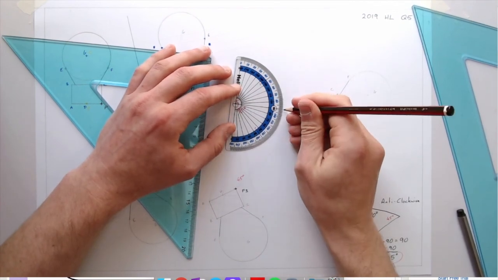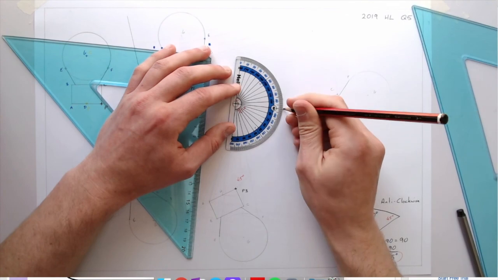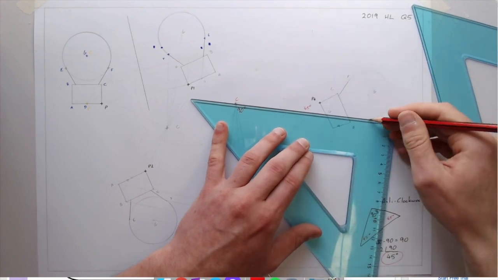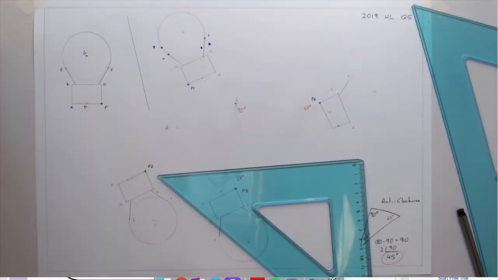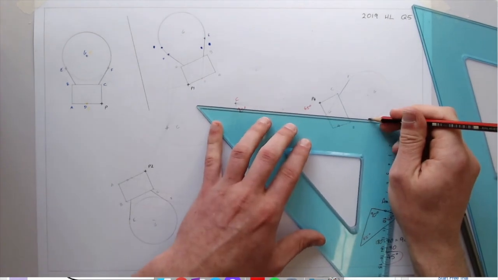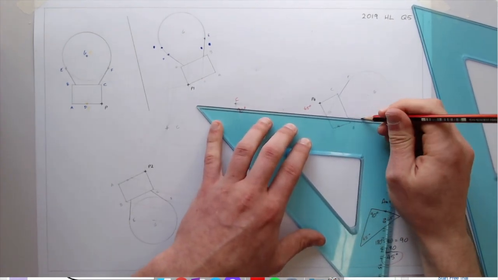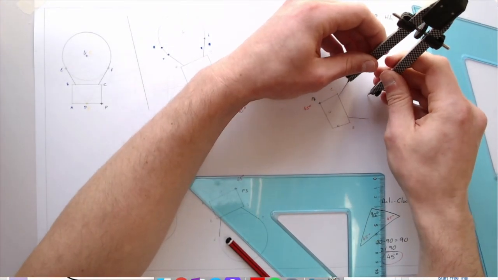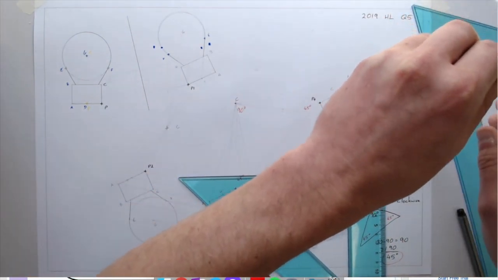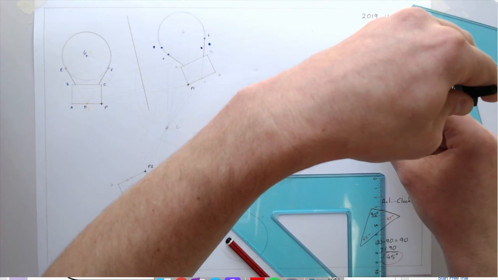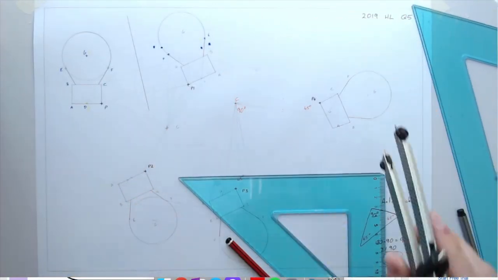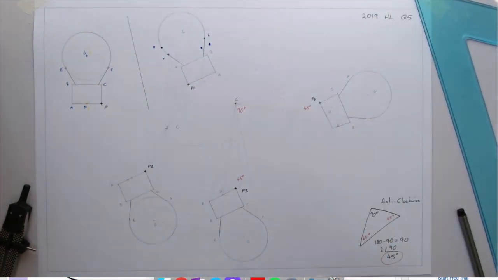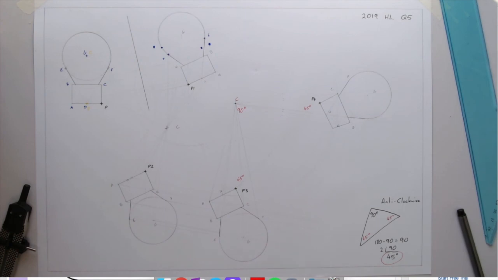E. And I get E there, and that then is the solution to the 2019 higher level transformation geometry question.